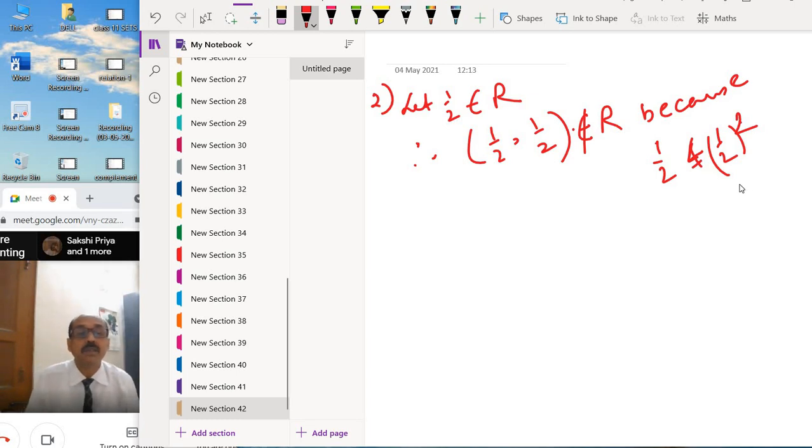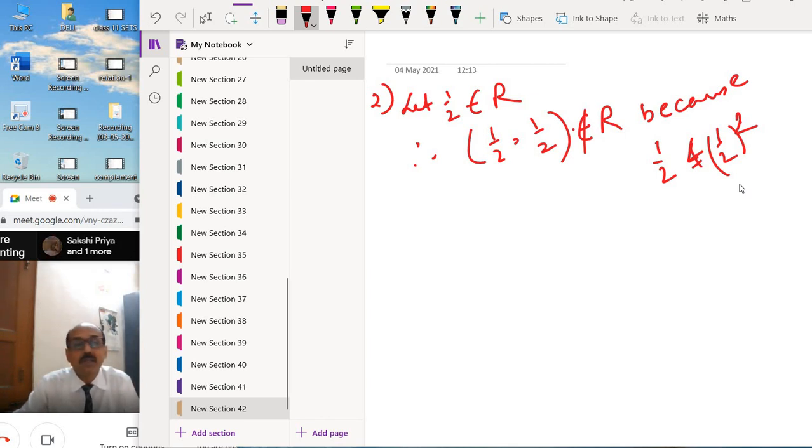See, we are taking one element, half. Half is a real number, so we can take it. So (half, half) does not belong to R, because the condition A less than or equal to B square, that is 1 by 2 less than or equal to 1 by 2 whole square, is not satisfied. 1 by 2 whole square is 1 by 4.